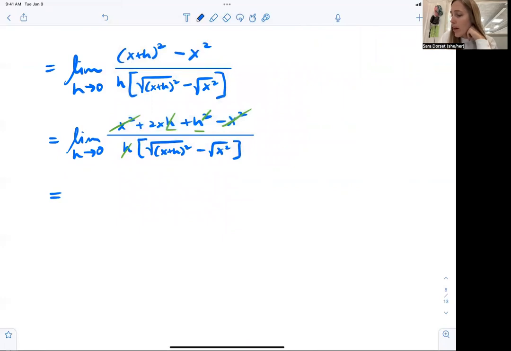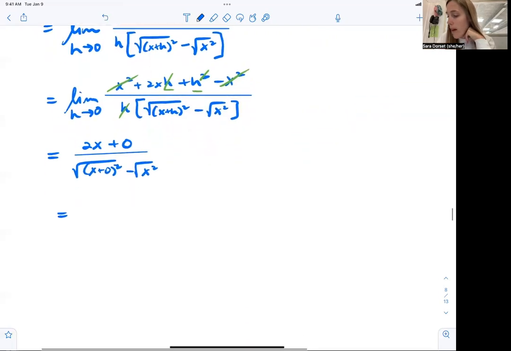And then if we use direct substitution, let's see what happens. We get 2x plus 0 over the square root of (x plus 0) squared, plus the square root of x squared.